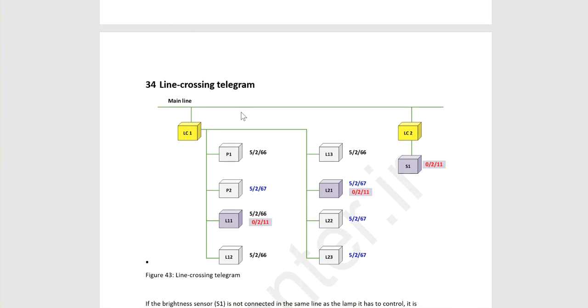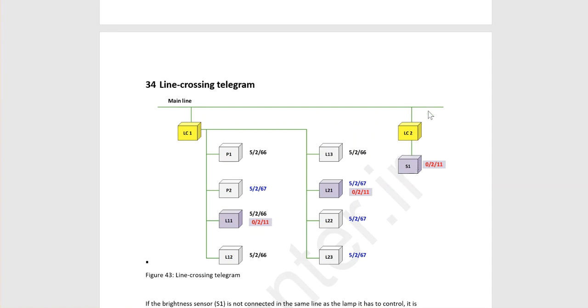The book says maybe we can put the outside sensor in a different line and connect all the other devices in one line, okay? So here is line coupler number 2 and this is line coupler number 1. In line coupler number 1 we have the push buttons and all the relay actuators, and the sensors outside of the building we put in line 2.